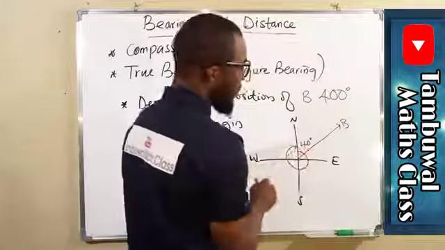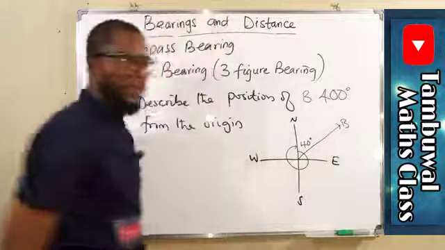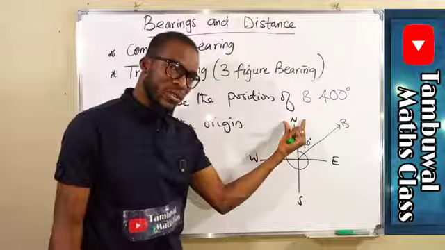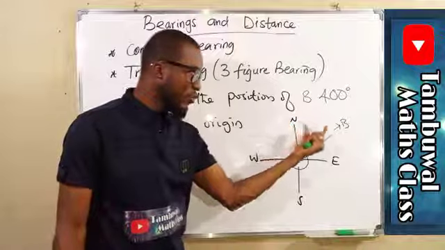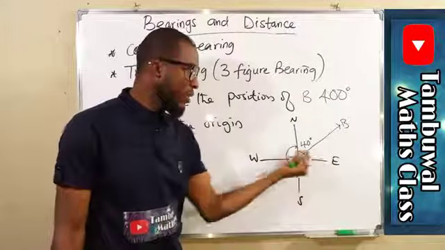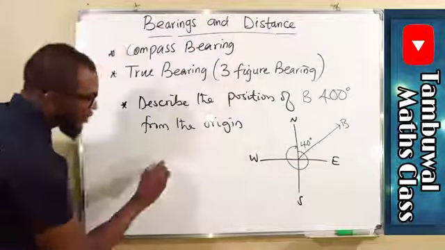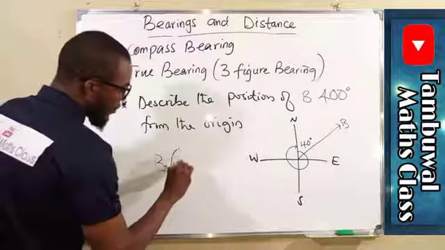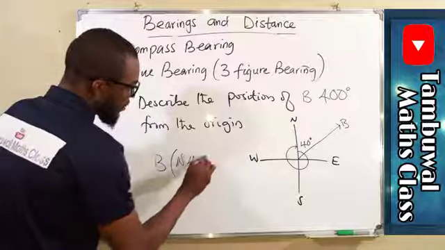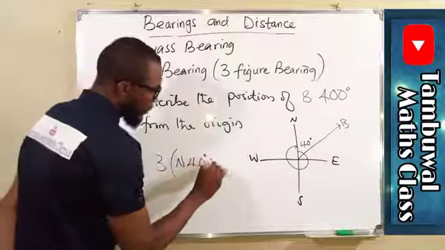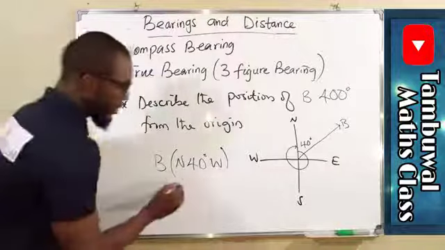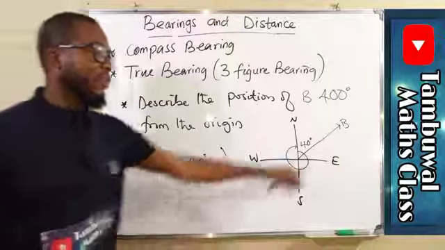So we have 40 degrees here to meet B at that point. So it is already measured from the north, because you can see north towards east direction is 40 degrees. So this B is not 40 degrees west. This is what describes this position.